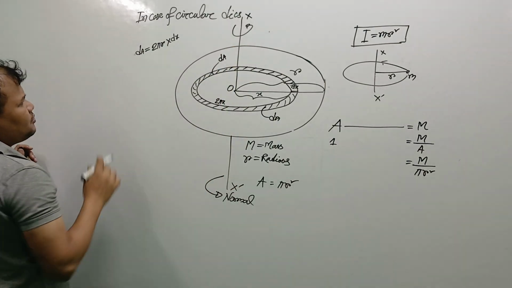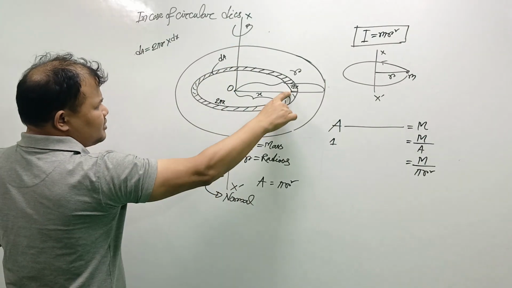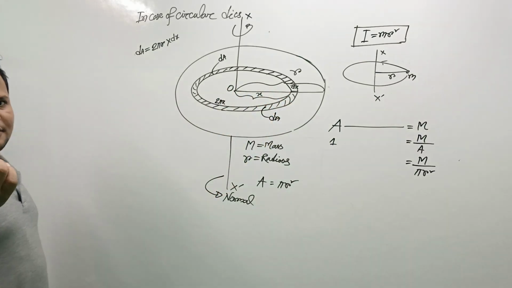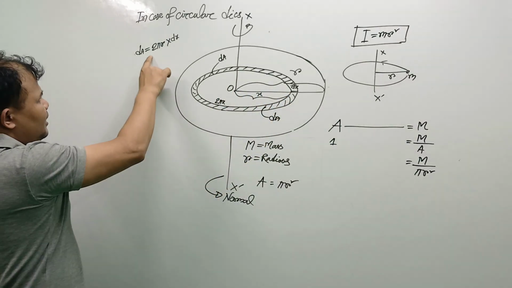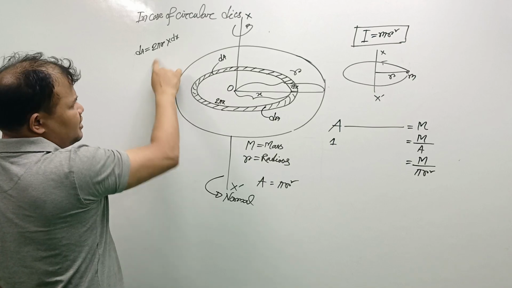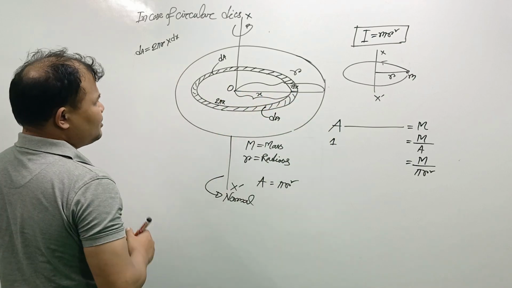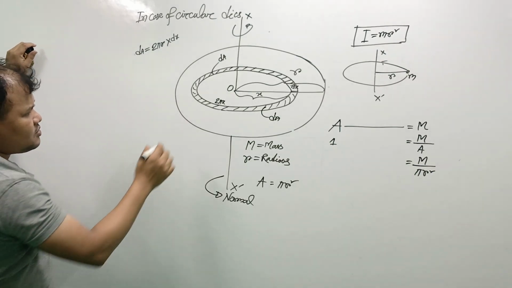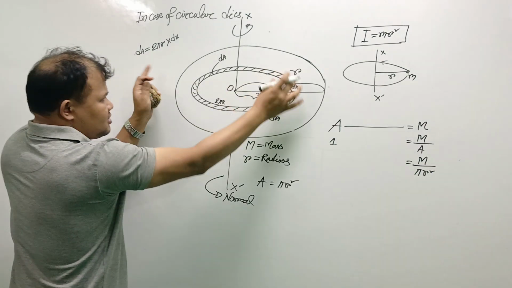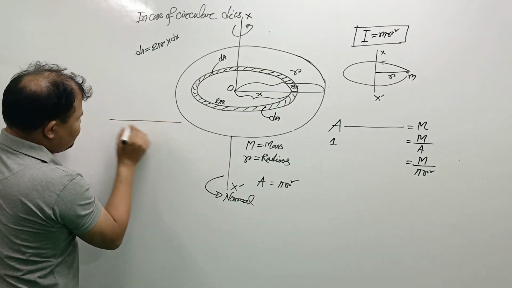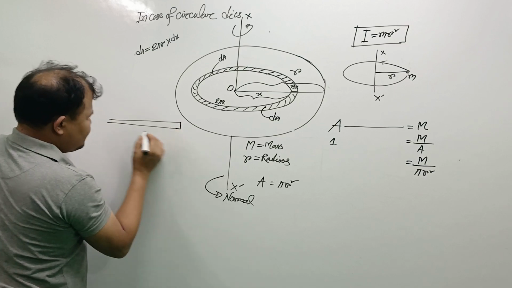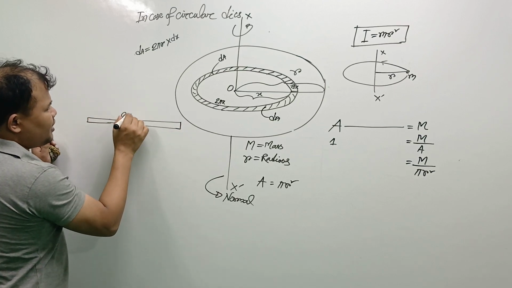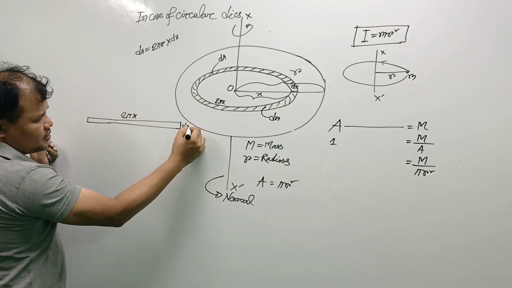How can we find this area? Suppose this is the circumference of the smallest region. At first we put the circumference and multiply with the width. Why do we use this equation to find the area? Because if we straighten this path, it looks like this: this is the circumference 2 pi x, and this is the width.